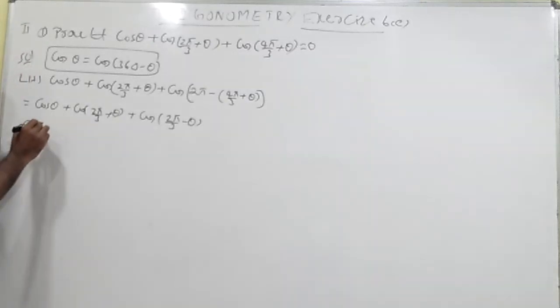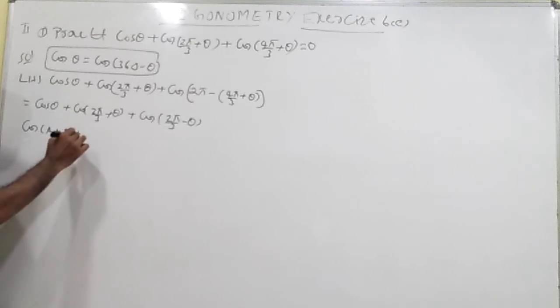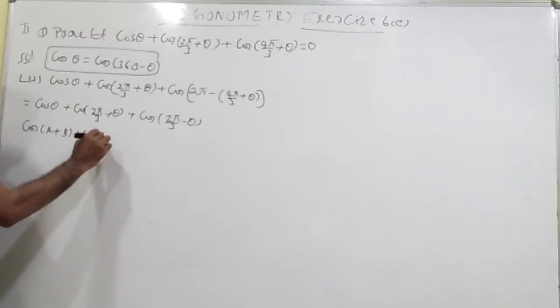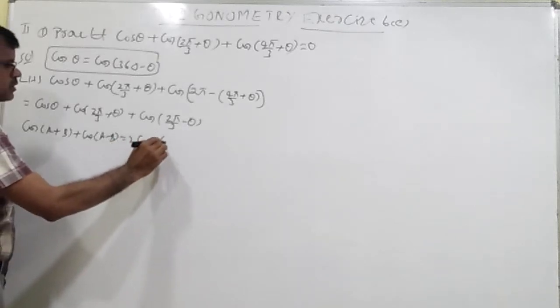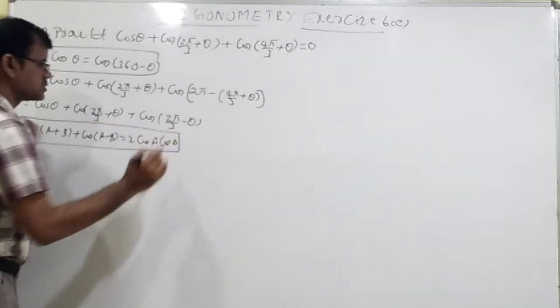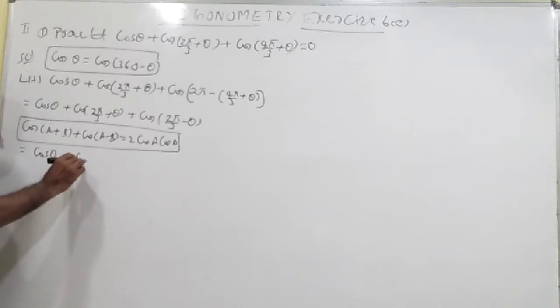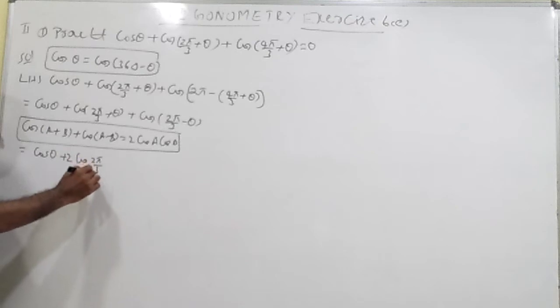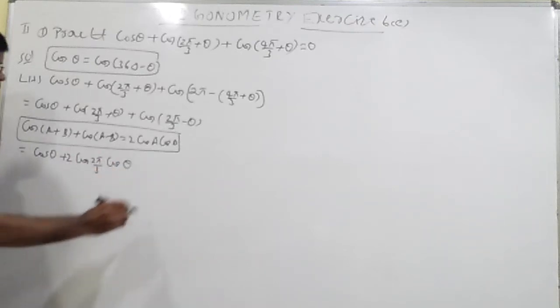Now the transformation formula, cos of A plus B plus cos of A minus B, we have learnt as 2 cos A cos B. So this is cos theta plus 2 cos A, meaning here 2 cos 2 pi by 3 into cos B, meaning cos theta.